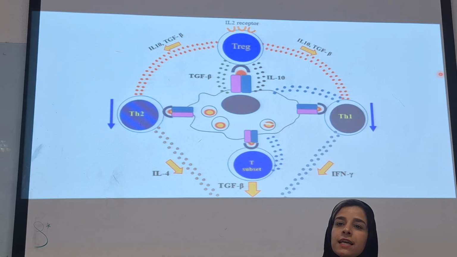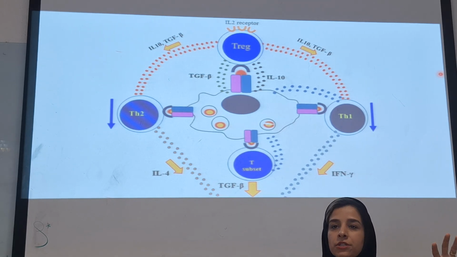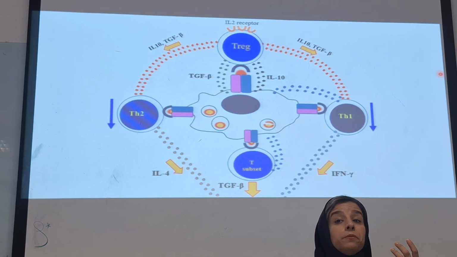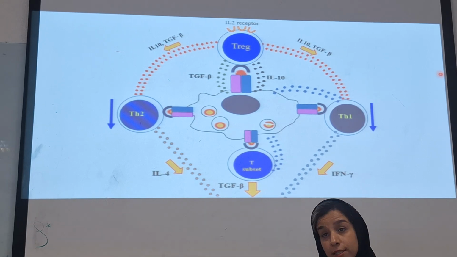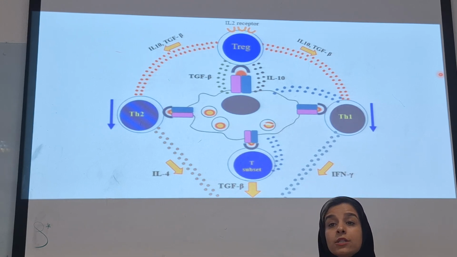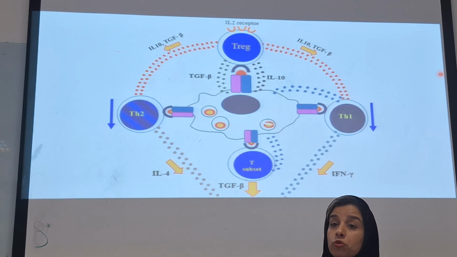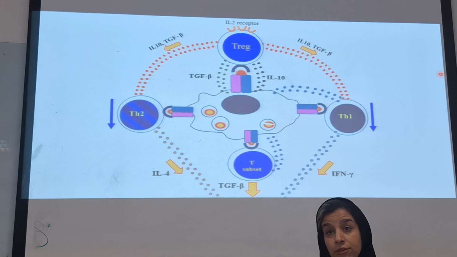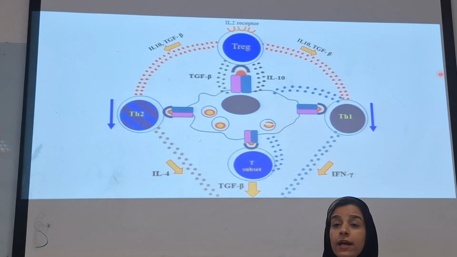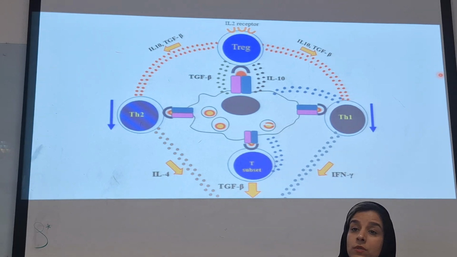One type is classical, producing inflammatory cytokines, and they make up more than 90% of monocytes or macrophages in our body. These are able to produce a lot of inflammatory or stimulatory cytokines like interleukin 1, interleukin 6, interleukin 12, and interferon gamma, and they recruit a lot of immune cells to fight off infection.